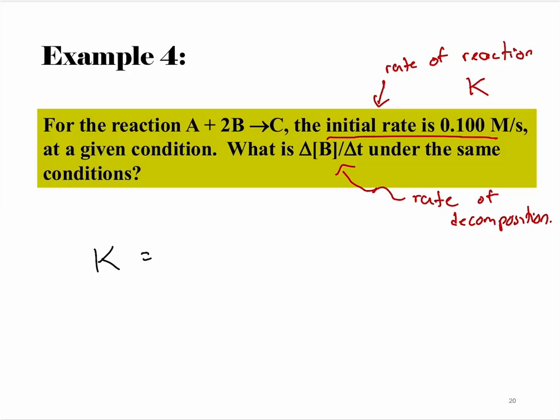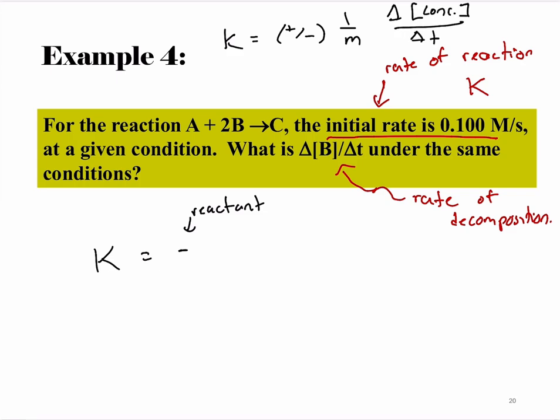What's the first thing in the expression? Positive or negative, a plus or a minus sign. Which one is it going to be here? It'll be negative, because it's a reactant in the reaction. So again, remember K is equal to plus or minus 1 over M, where M is the stoichiometric coefficient, times the change in concentration over the change in time.